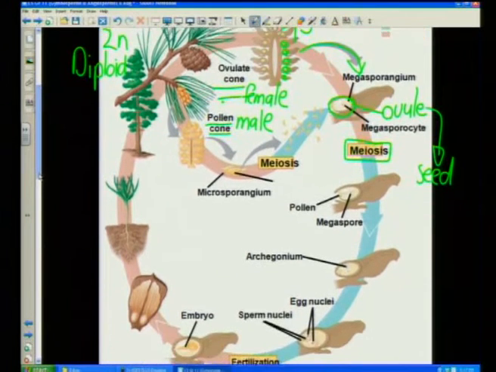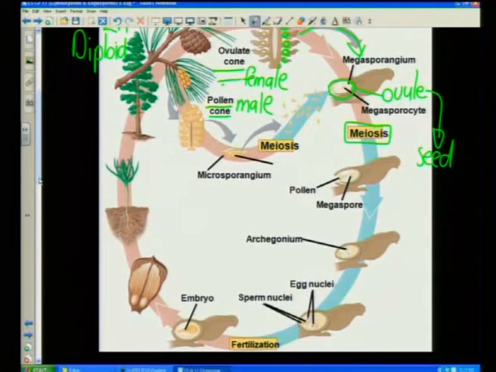Meiosis is going to produce, inside, the female part, and the archegonia is very reduced now. Remember I said to you the gametophyte generation is very reduced in this group of plants. So the sporophyte generation is the dominant generation, and the gametophyte is reduced.